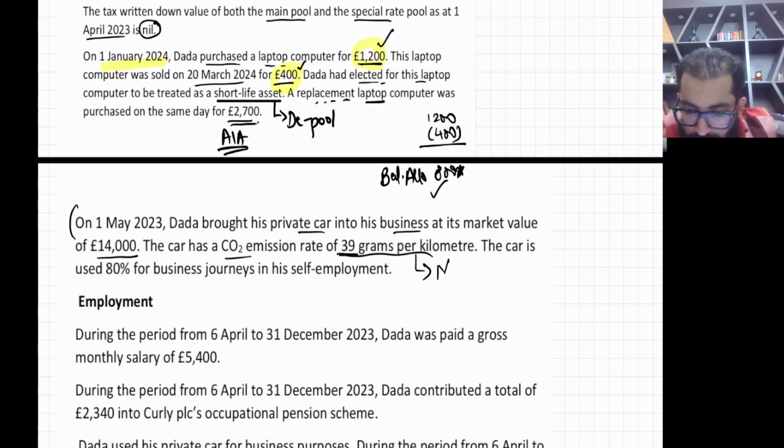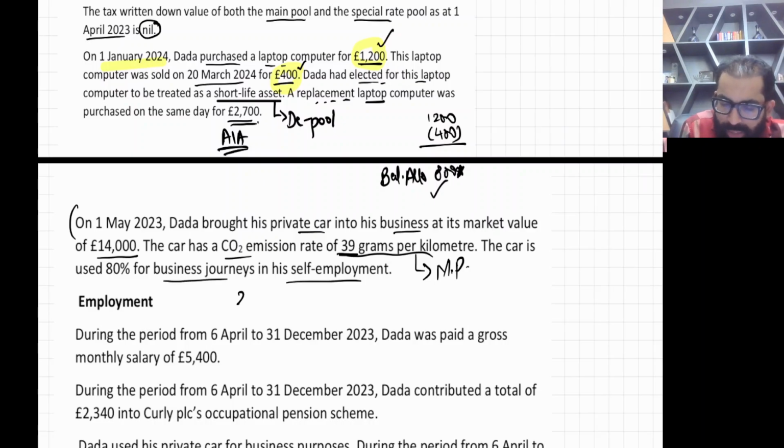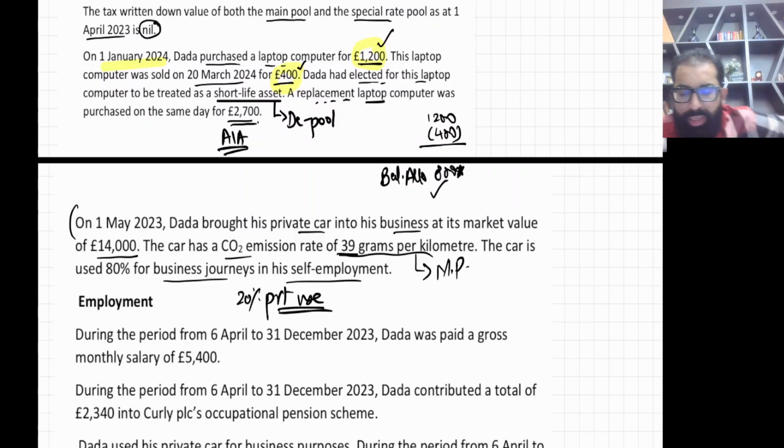So this car is a main pool car, the 18% WDA car, right? The car is used 80% for business journeys in his self-employment. That means 20% private use. So you better know that this is a privately used asset by the owner, so we need to depool it.